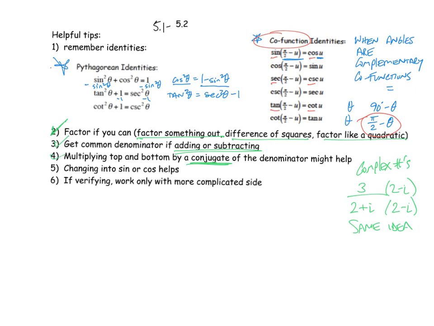If you are really getting stuck, changing things into sine or cosine might help. And if you are verifying, only work on one side. Don't move anything across the equal sign. Only work on one side.